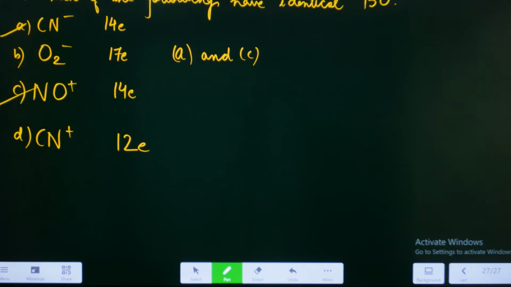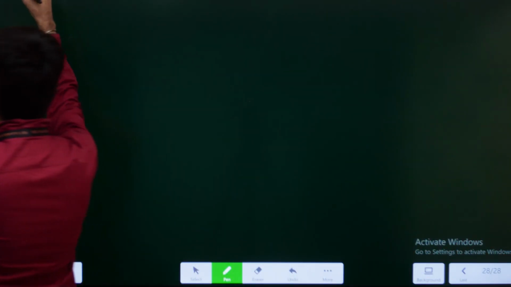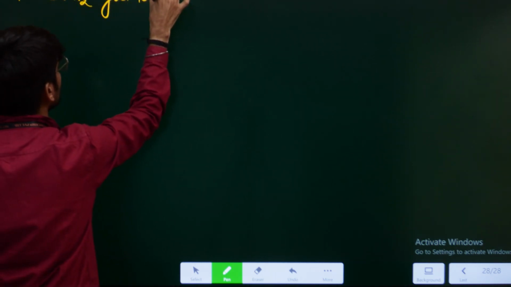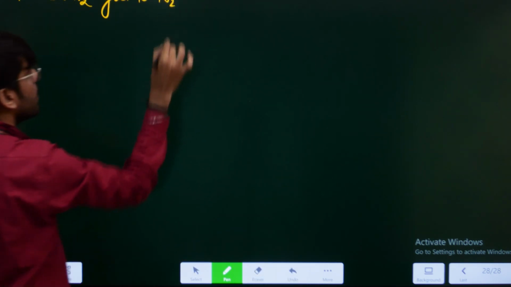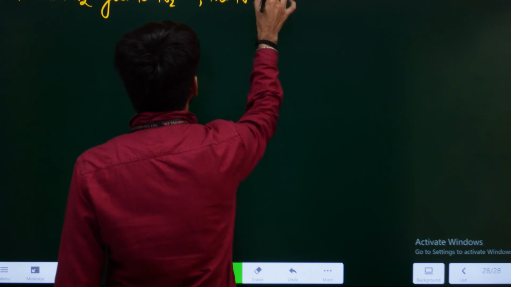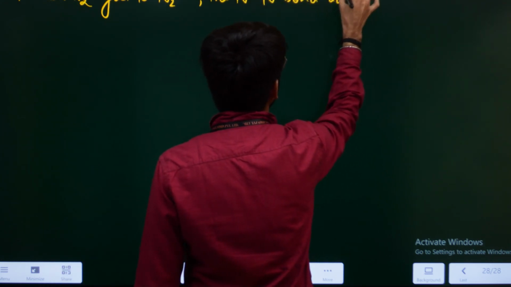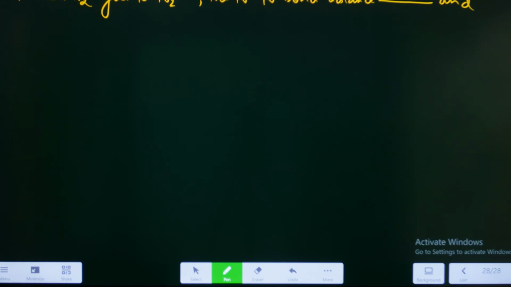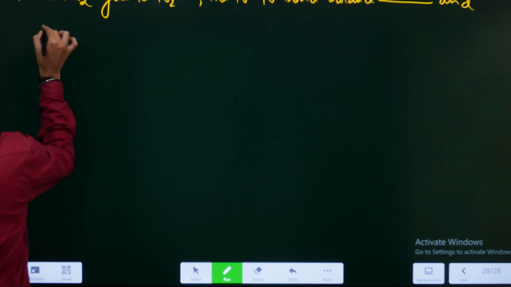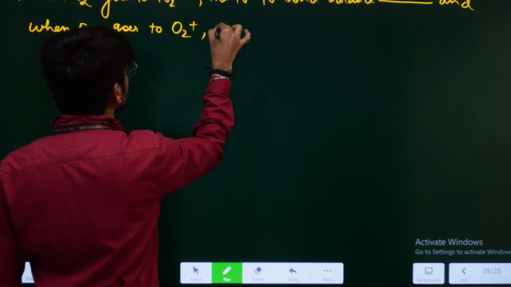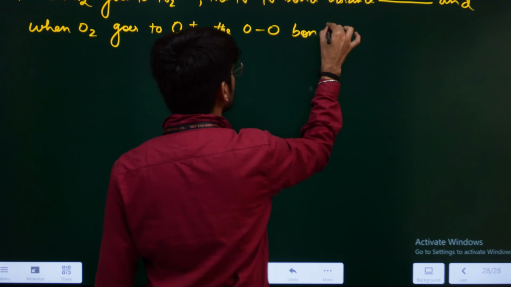Sure. Next question is, when N2 goes to N2 plus, the bond distance dash, and when O2 goes to O2 plus, the bond distance dash.